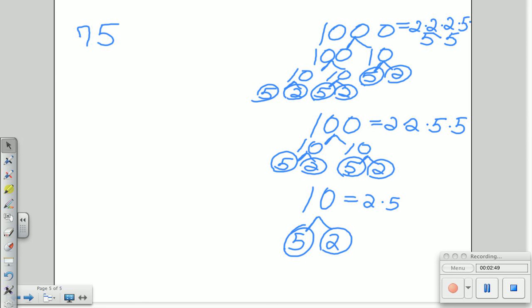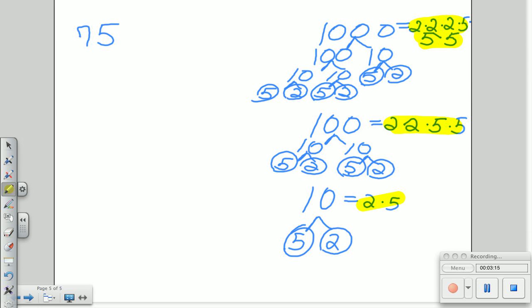Each time, if you notice, we started at 10, we had 2 and 5. 100 went to 2 times 2 times 5 times 5. And 1,000 went to 2 times 2 times 2 times 5 times 5 times 5. We just added another 2 and another 5 for each 0 that we added.